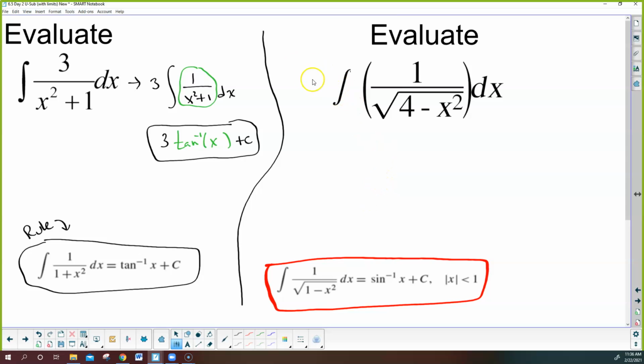Well, remember fractions, you can multiply by a common factor, and this is going to look a little weird, but I'm going to multiply the top and the bottom by 1 over the square root of 4.